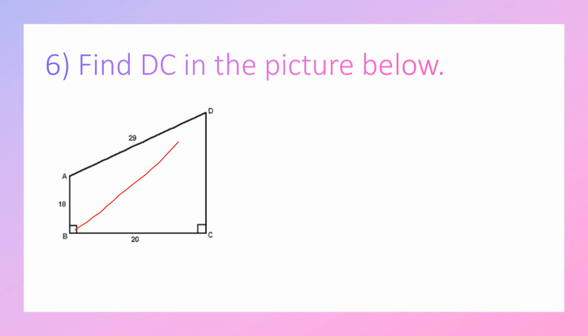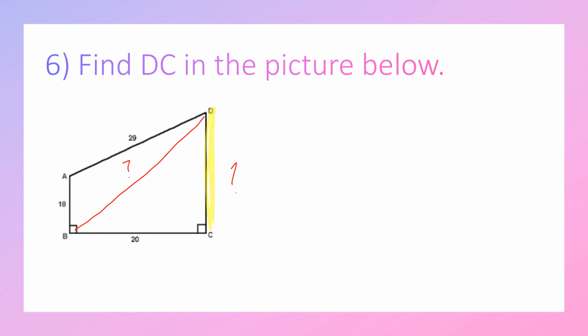So if I draw a line here, I am looking to find out what DC is. I didn't want to do that. I want that. What DC is here. If I drew in that line there, that red line, would me doing the Pythagorean help find DC? It could if I actually had a value here or here.